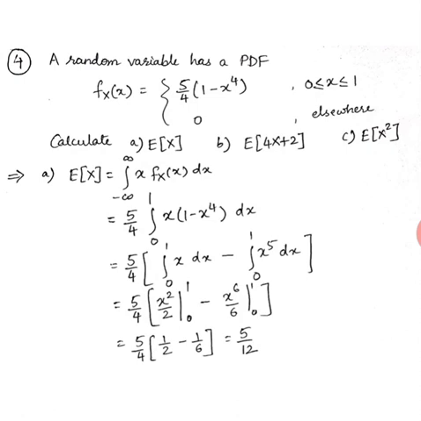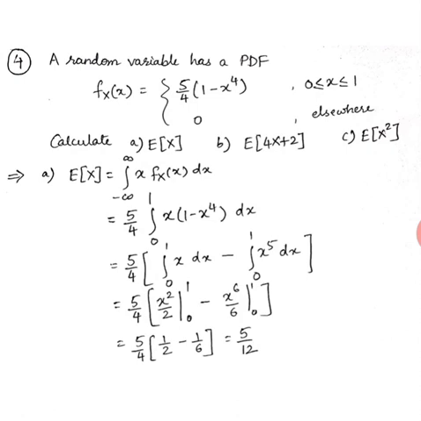So first, E of x is equal to the integral from minus infinity to infinity of x into fx of x dx. That is the basic definition of mean. In our case, x is defined only in the range 0 to 1, and it's 0 elsewhere. So the limits change from 0 to 1. The value of fx of x is 5 by 4 into 1 minus x raised to 4.